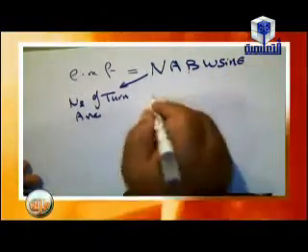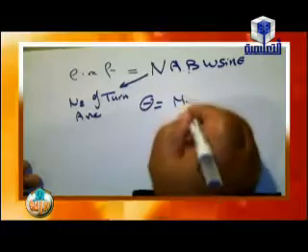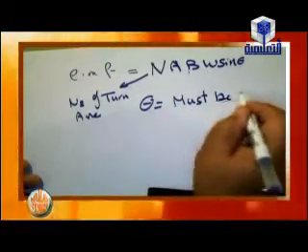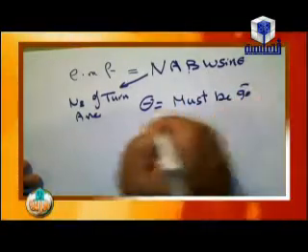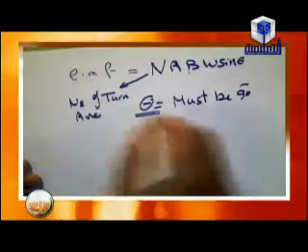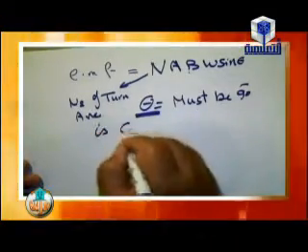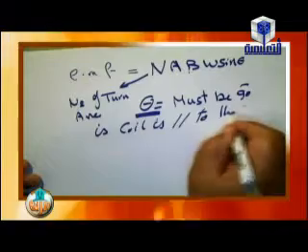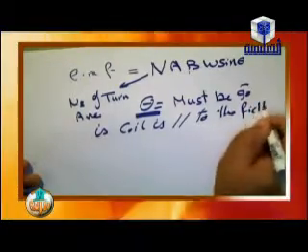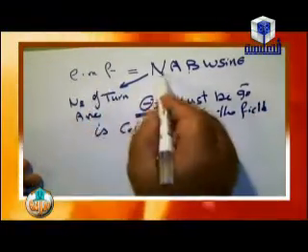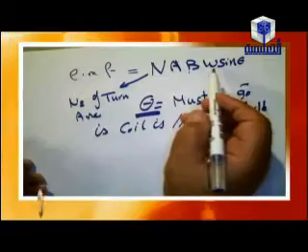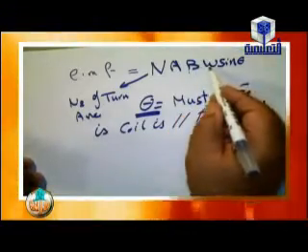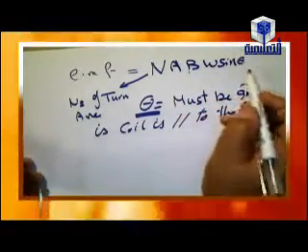And theta must be 90 to obtain maximum EMF, when the coil is parallel to the field. So the factors affecting EMF in the dynamo: number of turns, area, magnetic flux density, the angular velocity, and also the angle of the coil.